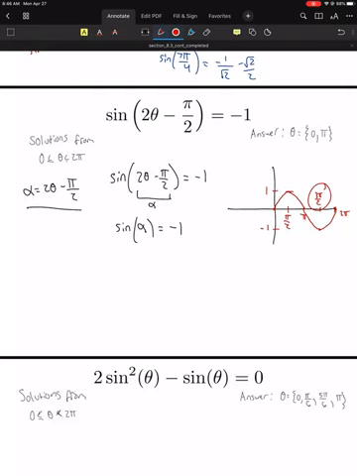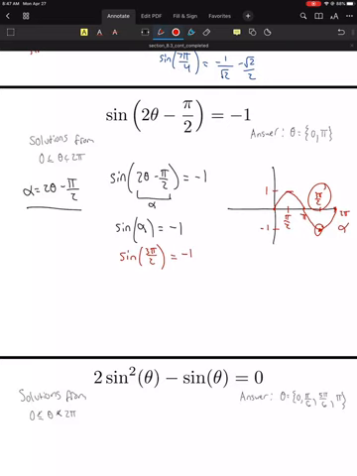So where is sine of alpha equal to -1? When alpha equals 3 pi over 2, okay? So I'm asking what's the y value when the x value, or here the alpha value, is 3 pi over 2. So it's the sine of 3 pi over 2 equals -1.